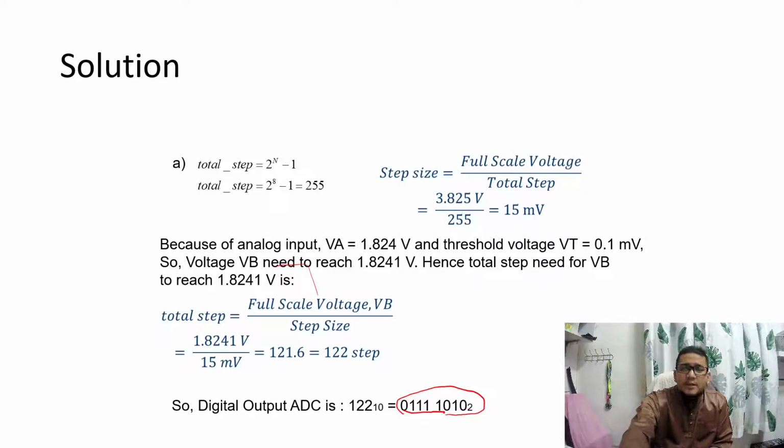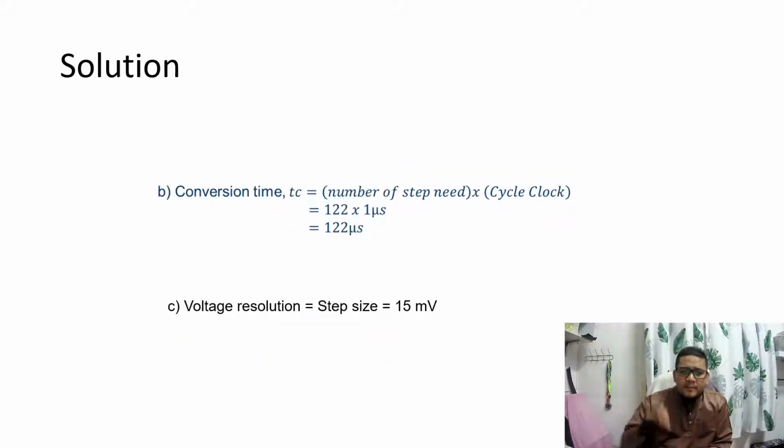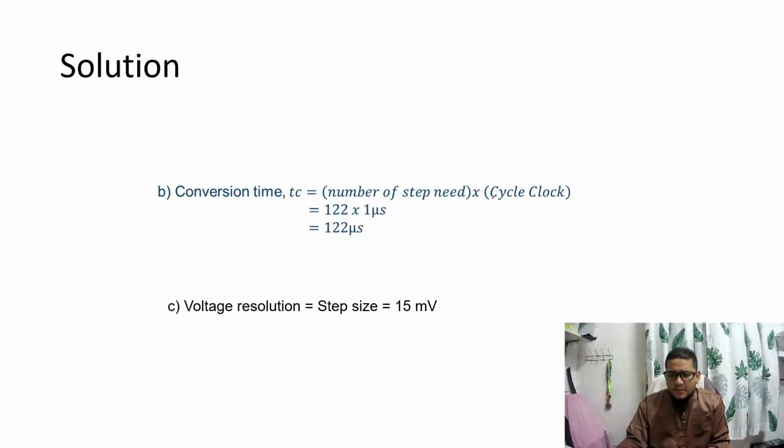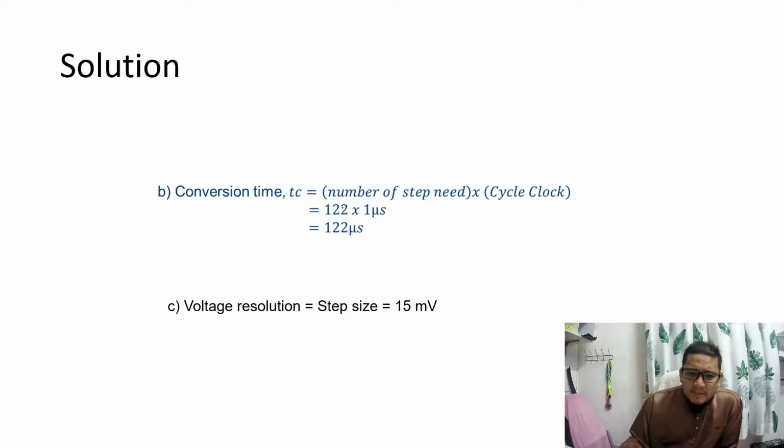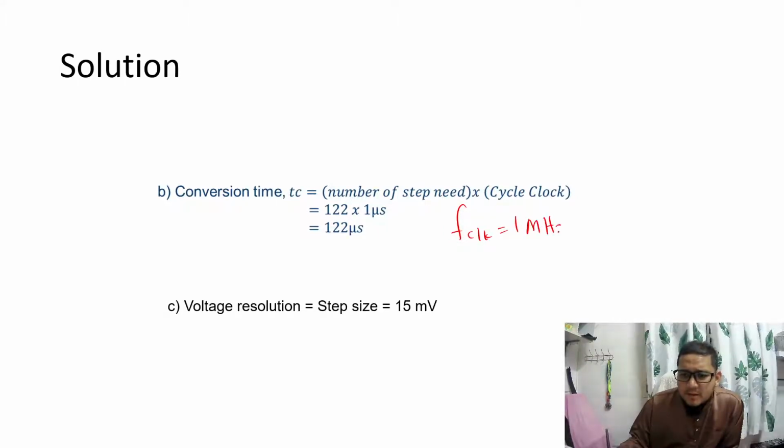Okay, to calculate the conversion time, the conversion time is equal to the number of steps needed multiplied by the clock cycle. Okay, so kita punya number of steps needed adalah 122. Okay, and then kita punya frequency clock adalah 1 megahertz.